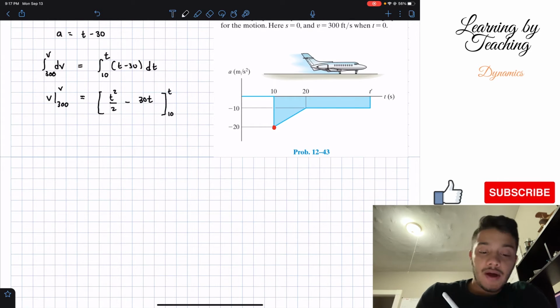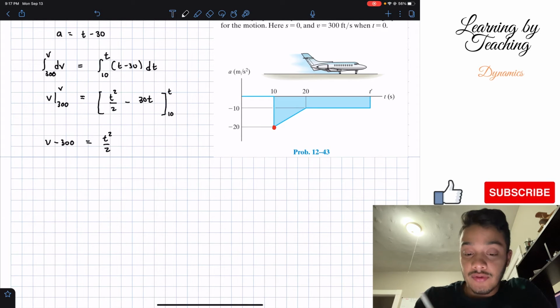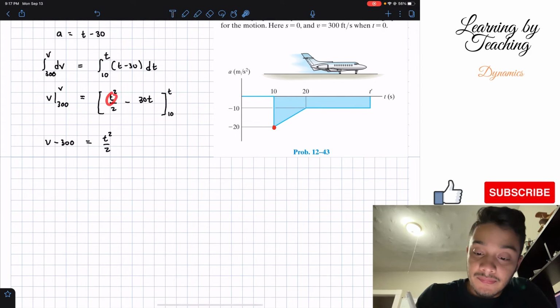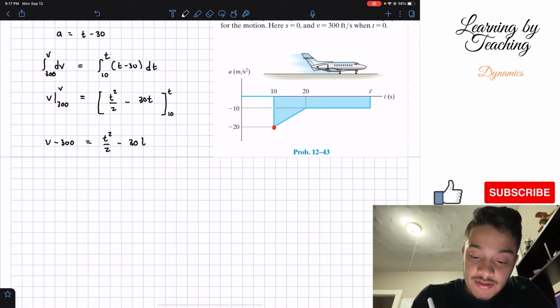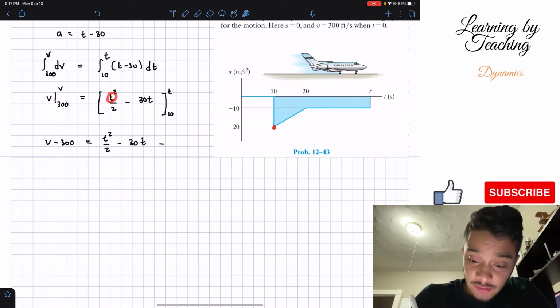If we solve our initial conditions on the left, we have v minus 300 equal to t squared divided by 2 minus 30t on the right, minus, and now we're going to replace our t's with this 10.